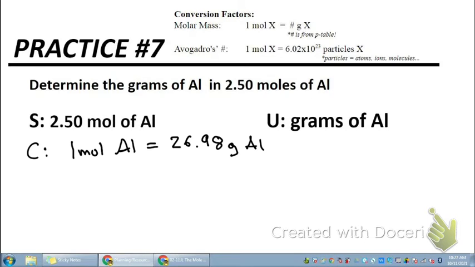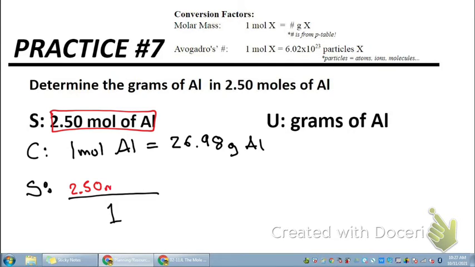Okay, so now we're going to go ahead and set up and solve our last portion. We are always going to start with what we know over 1. We know that we have 2.50 moles of aluminum. And we know that we're going to be multiplying this by a conversion factor.